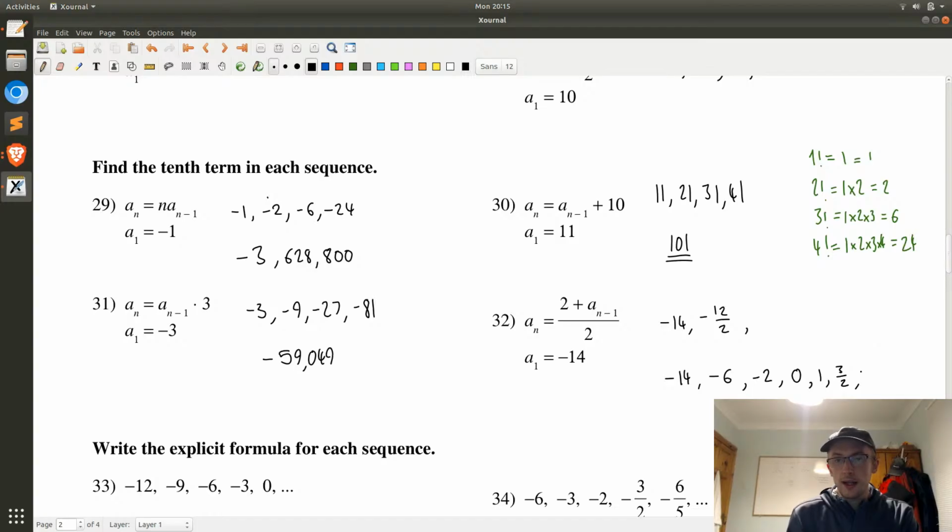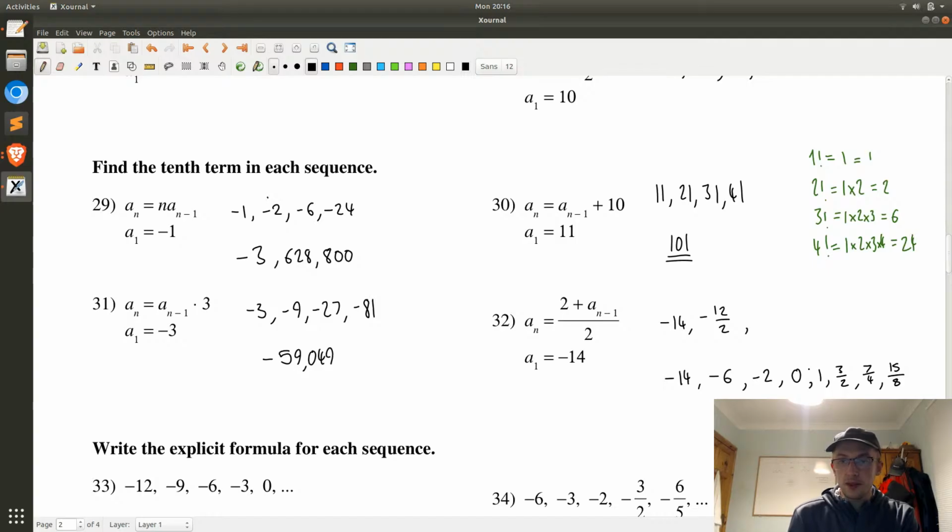So 2 add 3 over 2 is going to be, well, I know it's 3.5, which is 7 over 2, which then divided by 2 is going to be 7 over 4. Term 8 is going to be 2 add 7 over 4, which is 3 3/4. 3 3/4 is 15 over 4. 15 over 4 over 2 is 15 over 8.